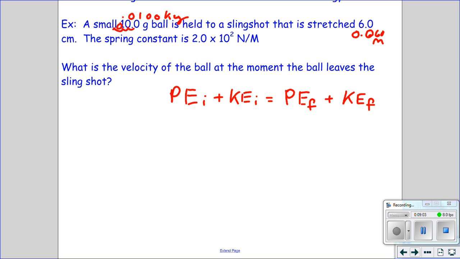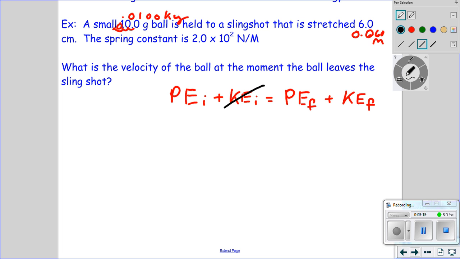And I will also know that before the ball left the slingshot, the ball was not moving, so all the energy contained in the system was potential. So I can immediately cancel kinetic energy initial out.